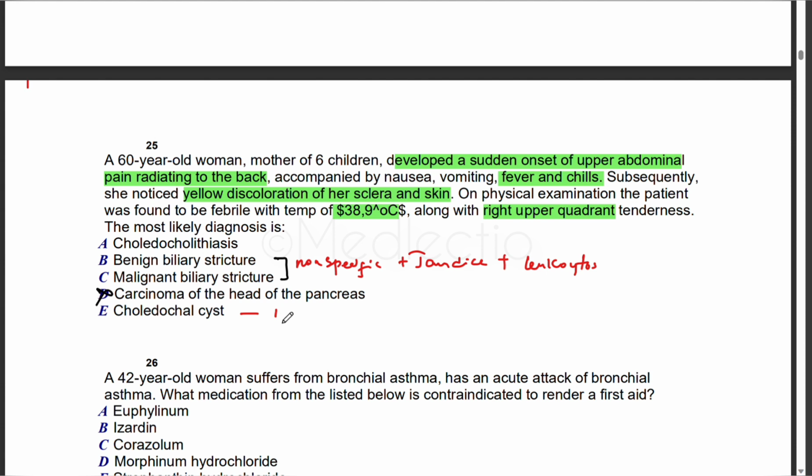Choledochal cyst is mainly in infants. It is congenital.